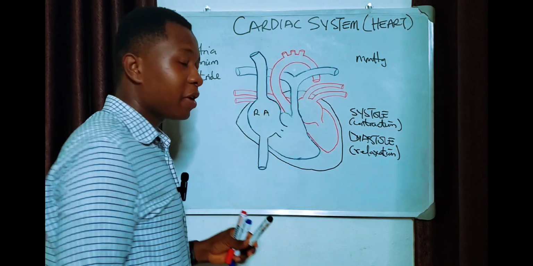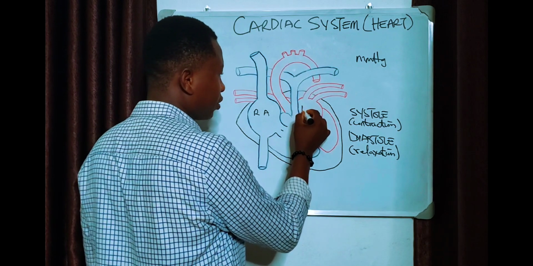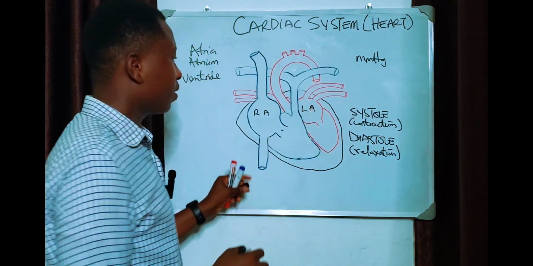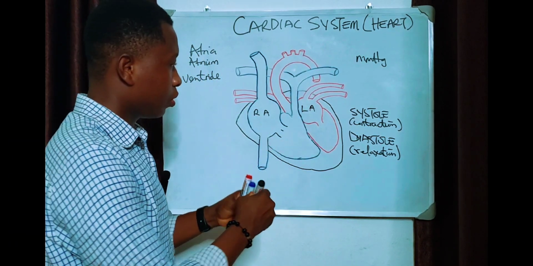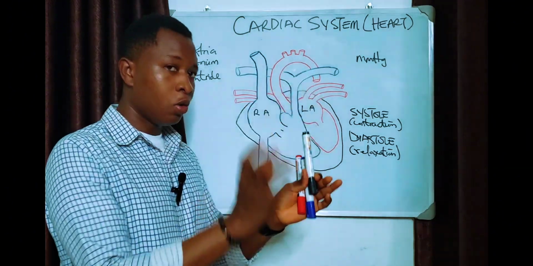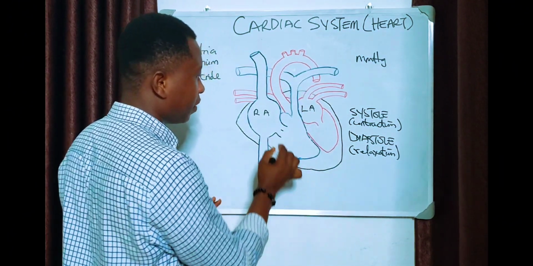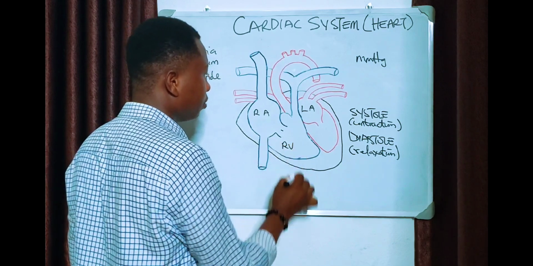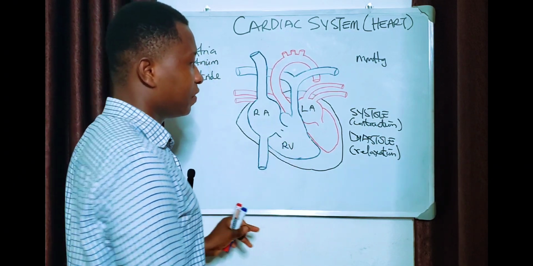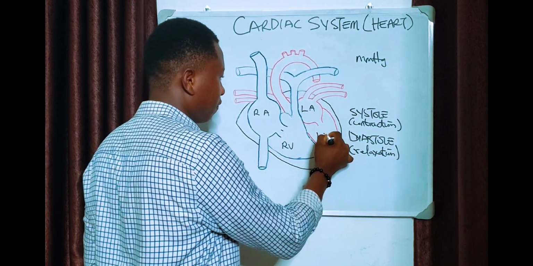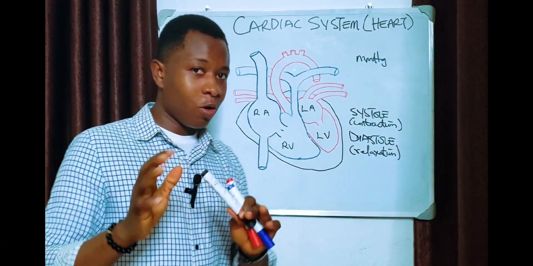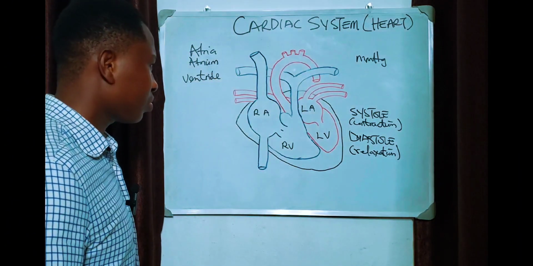The second is referred to as the left atrium. Then come to the next chamber, which is the lower chamber. The lower chamber at the right is referred to as right ventricle. The lower chamber at the left is referred to as left ventricle. I hope you understand up to that point.